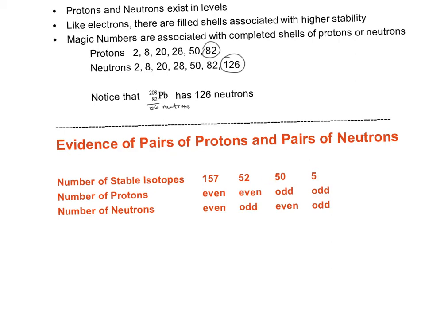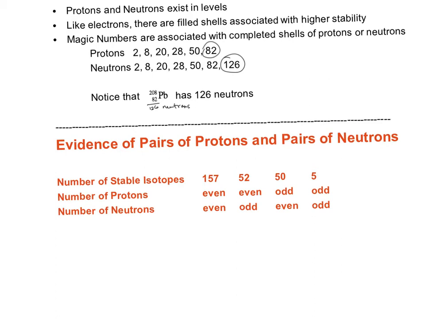There are 50 stable isotopes that have an odd number of protons and an even number of neutrons, and there are only 5 stable isotopes that are odd-odd. So chances are, if you're looking at an isotope that has an odd number of protons and odd number of neutrons, chances are it's not one of those 5, meaning that chances are it's going to be radioactive. So that would be a pretty strong criteria, but not absolute.